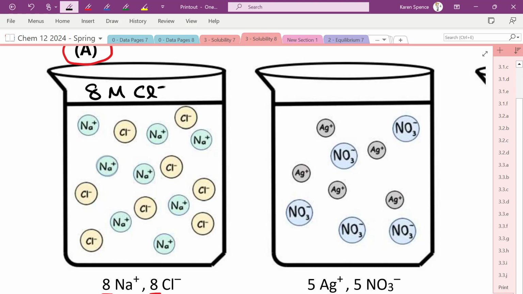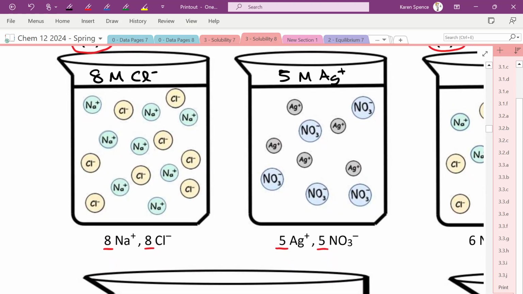In my other beaker, I have 5 silvers and 5 nitrates. Again, nitrate is a spectator, so I'm going to ignore it. The concentration of silver is 5 molar Ag+. These are way larger numbers than we would have in real life, but we're just going to work with it here. Are the concentrations of chloride and silver the same?